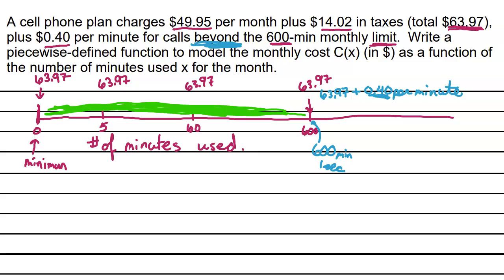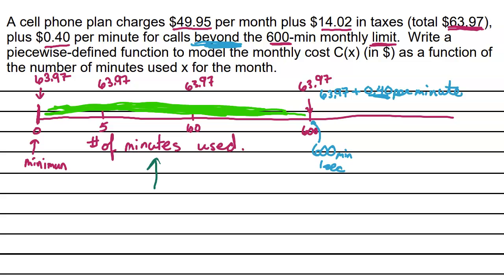I have the exact same price, no matter how many minutes I'm using, as long as it's anywhere between 0 and 600. It can equal 0, because I can never use my cell phone that month, or it can equal exactly 600, but anything beyond 600, even a second beyond 600, I get charged extra.